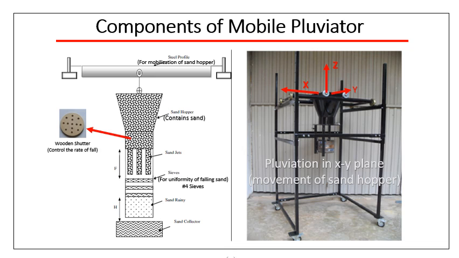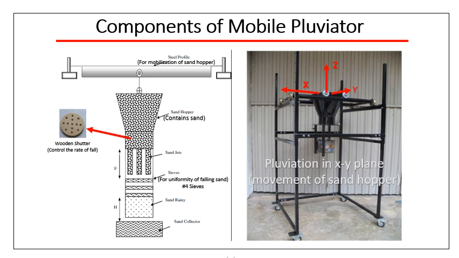Also, on the end of the funnel, a wooden shutter, which is a porous disc, is attached, from which the sand comes out as a sand jet, and it is used to control the rate of fall. And there are three sieves. Usually these sieves are of number 4 size, and they are used for uniform distribution of the falling sand which is coming out of the jet.